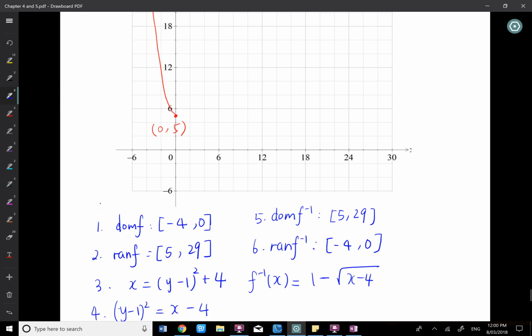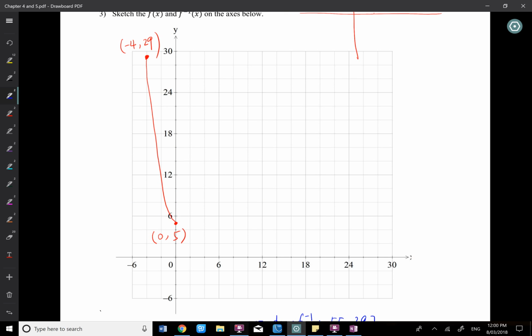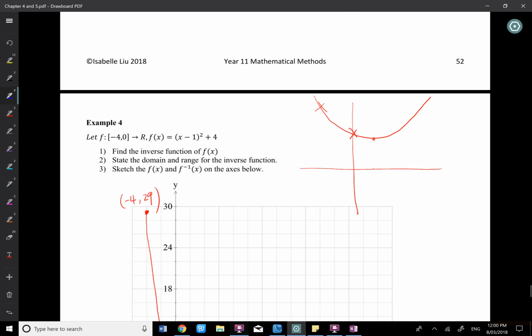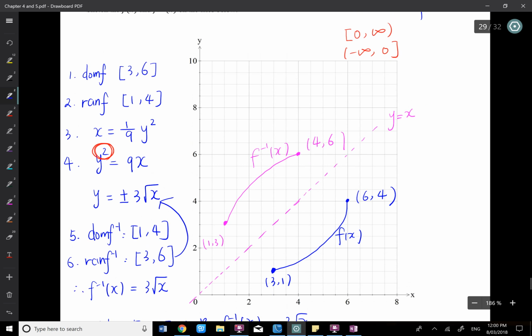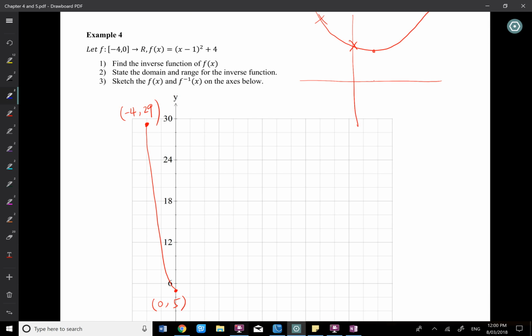Also, you can get this, I think. This is the left-hand side branch of the square root function, right? The left-hand side, so that will take the negative. And this is the positive branch, you take the positive. But I'm not sure, I haven't really tried this. I should investigate this.